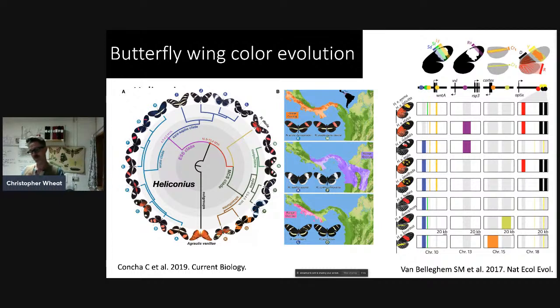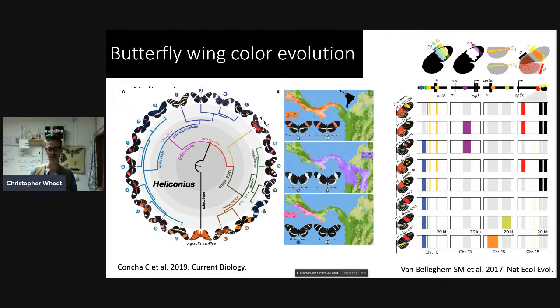And on the right side, I put up this figure from a paper back in 2017 from Van Belleghem and colleagues, where they're integrating an incredible number of studies to demonstrate how across the top we have 4 different regions in the genome of these butterflies that together can be used to create the patterns that fall along the y-axis in all these different rows.